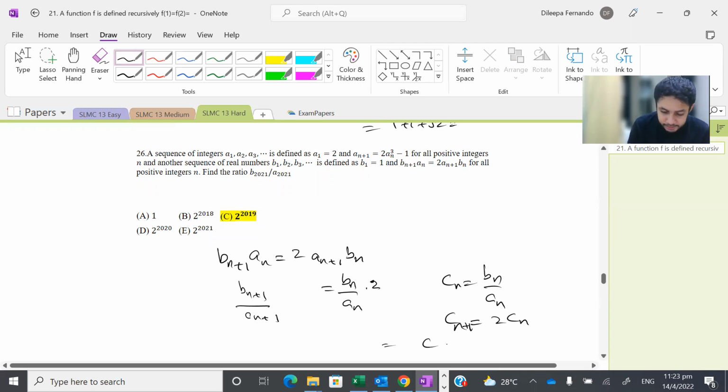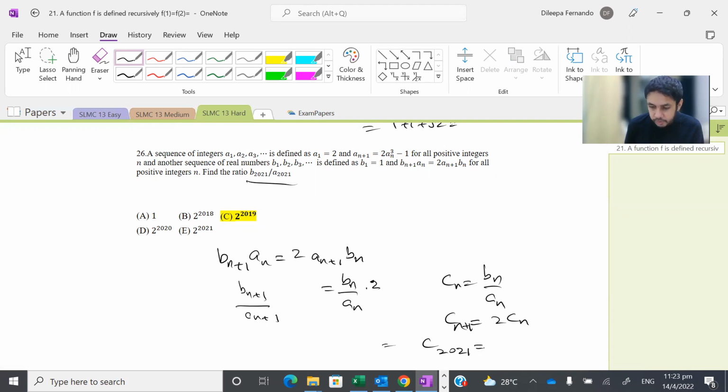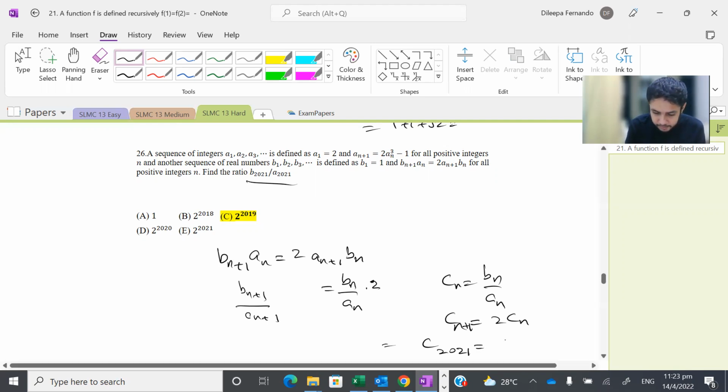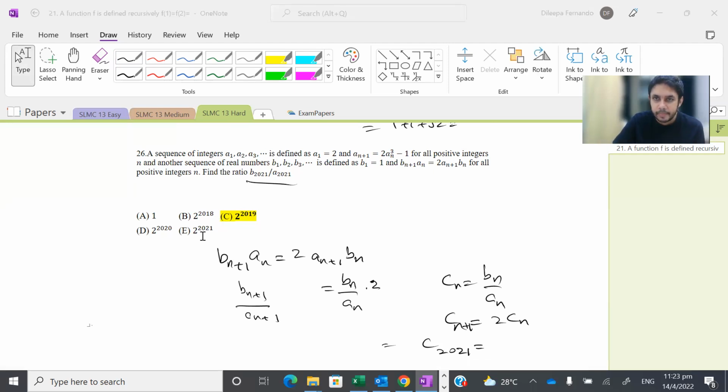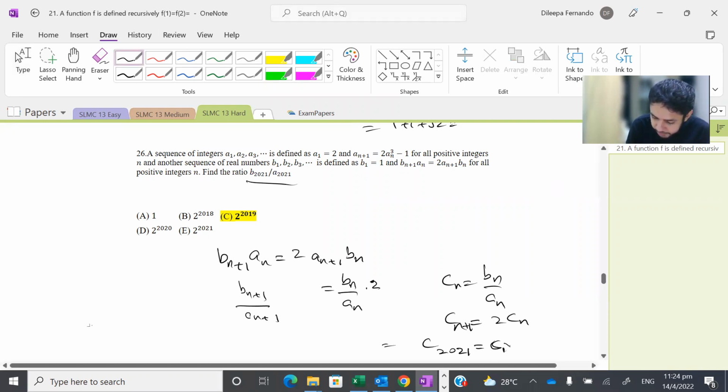You asked about C2021. C2021 equals, so you start from C1, right? So from C1 into 2 to the power 2020.